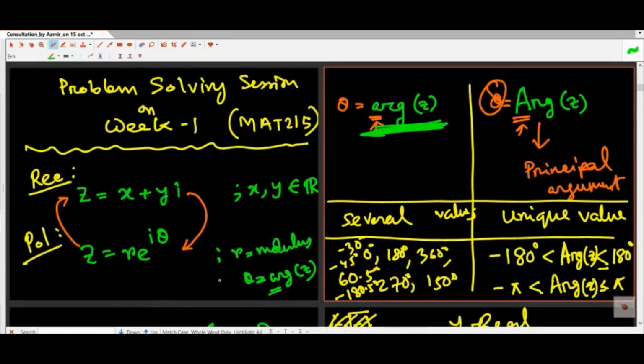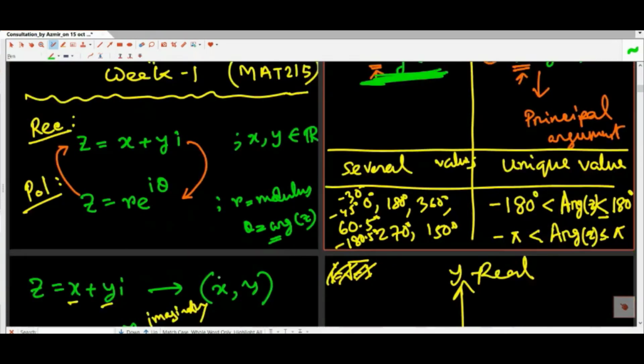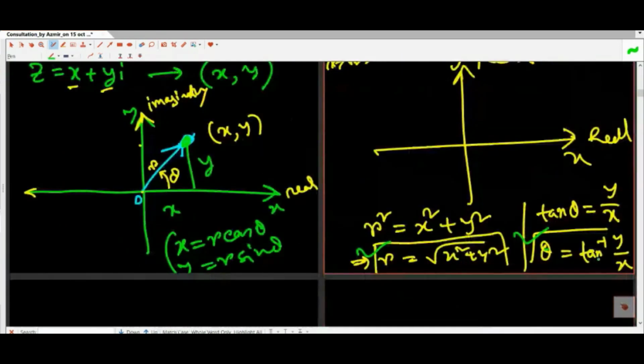This is not the principal argument. We have to be sure about the principal argument, because the principal argument can be between minus 180 degrees and plus 180 degrees, or equal to plus 180 degrees.